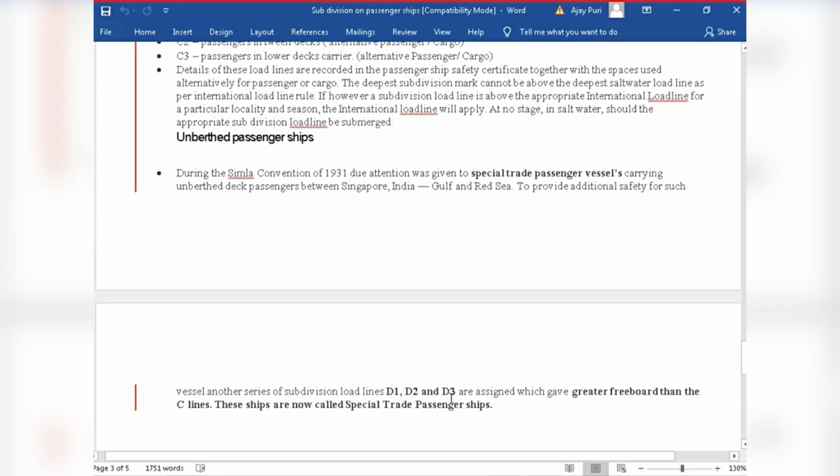That is D1, D2, D3. Those are known as special trade passenger ships, which have greater freeboard than sea lines also. So that is only for unberthed passenger ships, where they are lying on the deck. So you have different lines, which is D1, D2, D3. Now that will be below your C1, C2, C3.